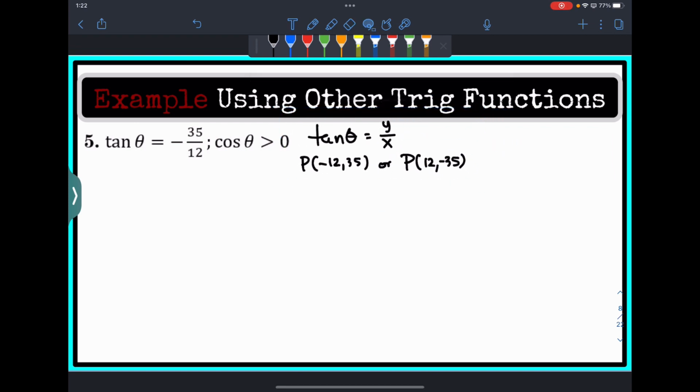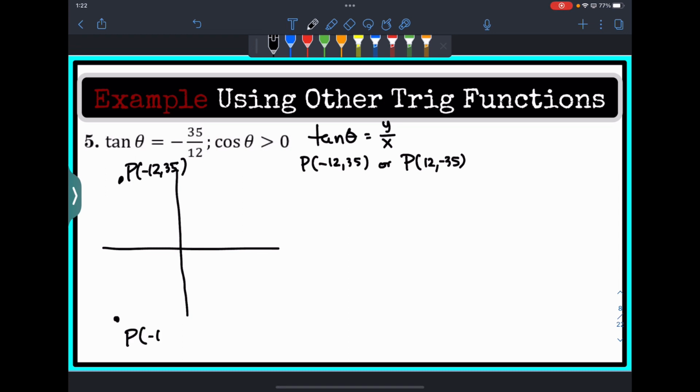So we can possibly finish in either quadrant 2 or quadrant 4. So P can either be here or it could be down here. Sorry, which quadrant? Not quadrant 3, quadrant 4. Down here.